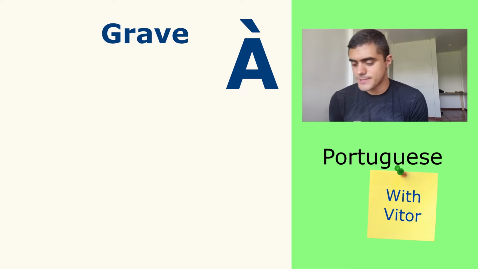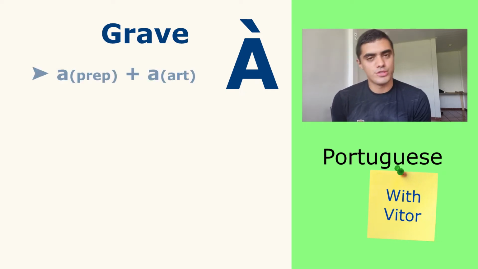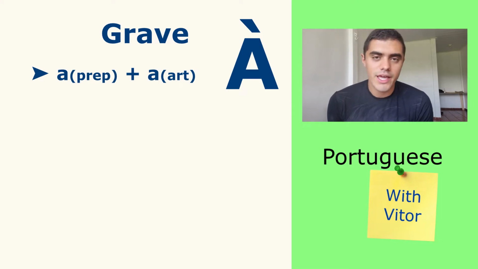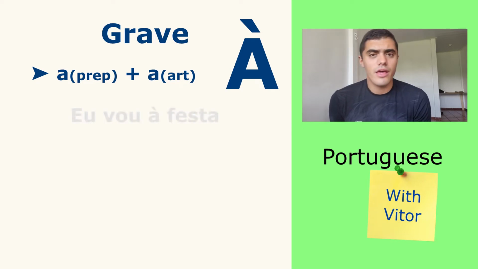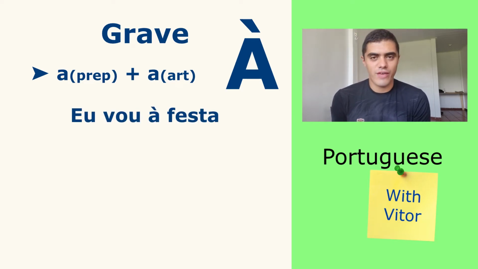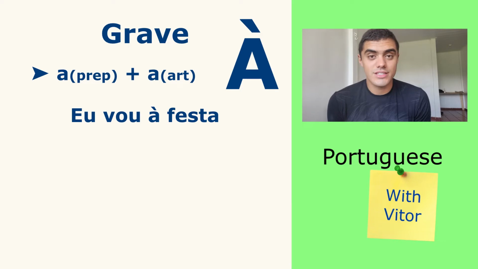So the grave accent is going to be a contraction between the preposition a and the article a, or another kind of a. I'm going to show you now. For example, eu vou à festa. You can see that the a we have here has the grave accent. Why?